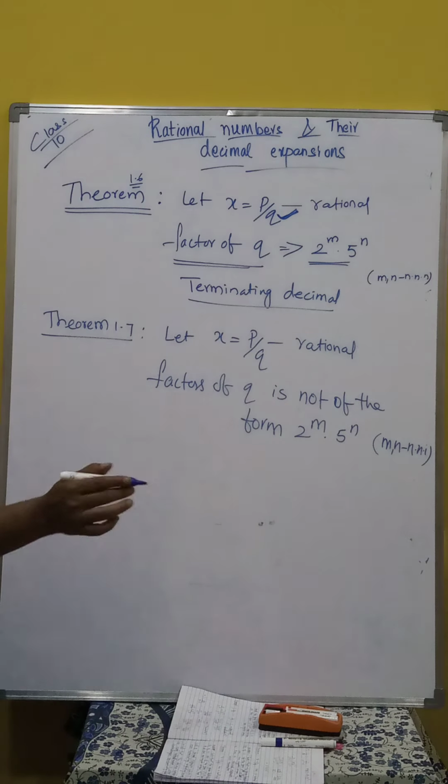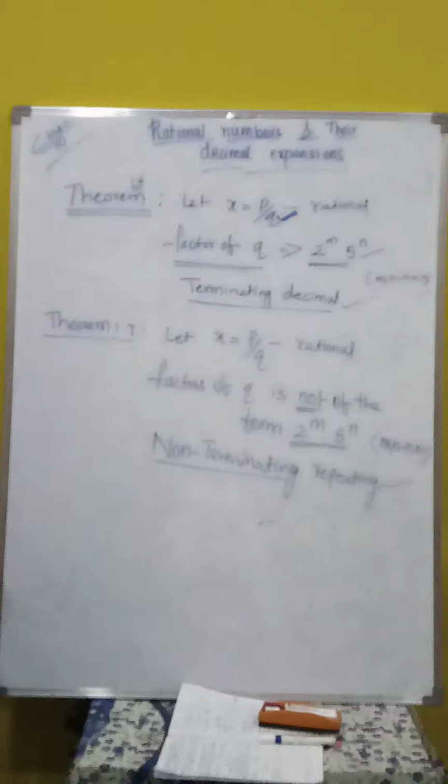First one is terminating decimal and second one is non-terminating repeating decimal.